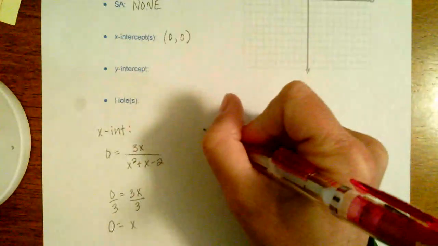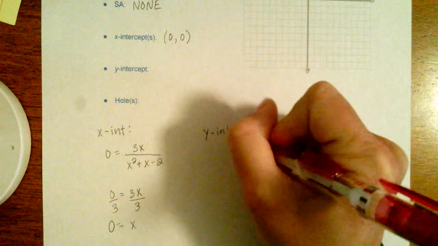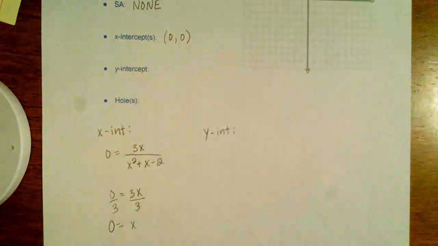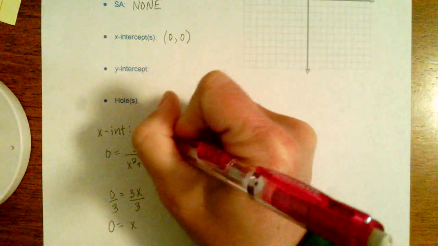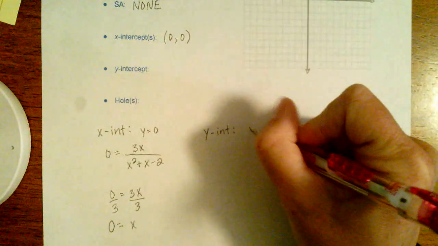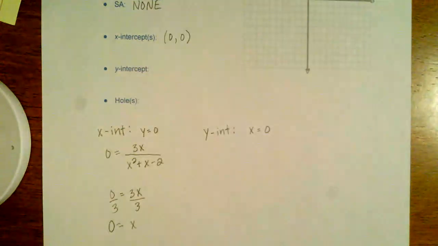Now for my y-intercept. Here I let y equal 0 for my x-intercepts. For my y-intercept, I need to let x equal 0.